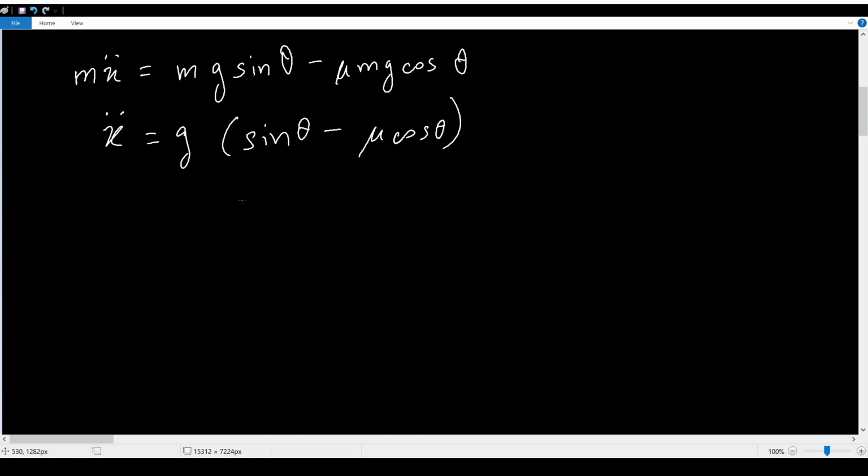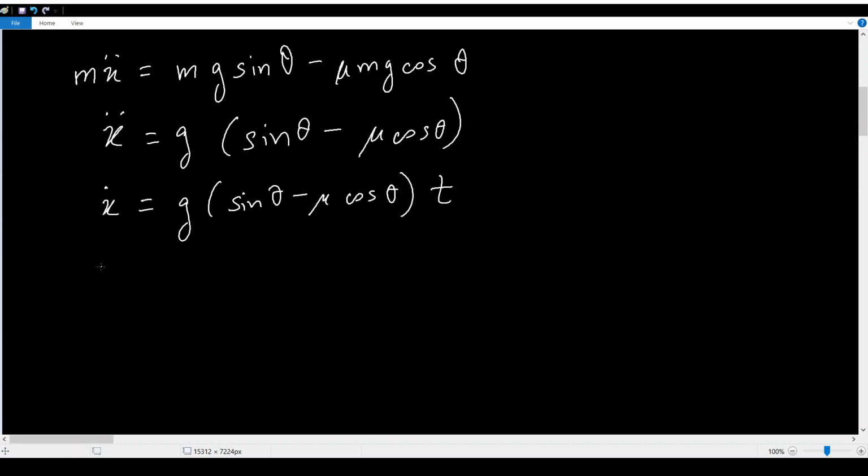If we consider the block to be stationary at the beginning of its motion, then we can integrate this to get x dot equals g sine theta minus mu cos theta, all of this being constant in time, times t. So x dot 0, the initial speed, we consider to be 0 since it is stationary in the beginning.